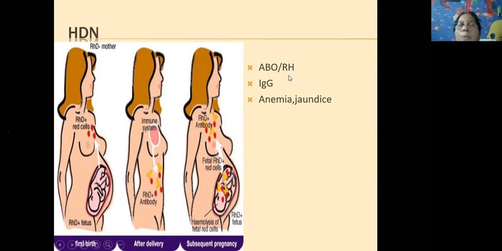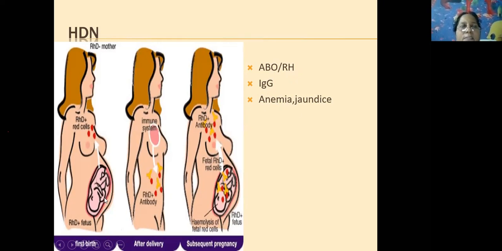Similarly, when the mother is Rh negative and the child is Rh positive, this hemolytic disease of the newborn can occur. The antibody produced is IgG. Anemia and jaundice can occur.